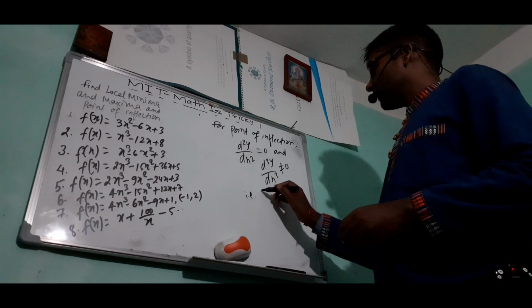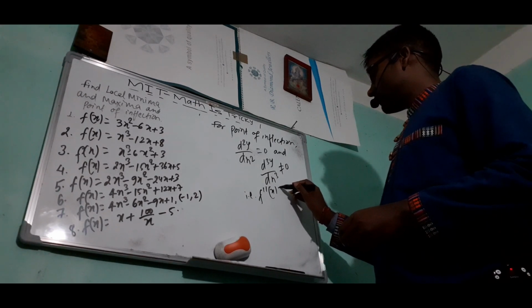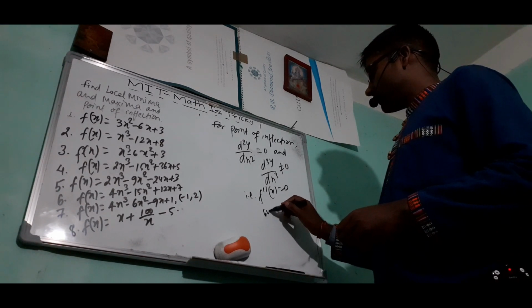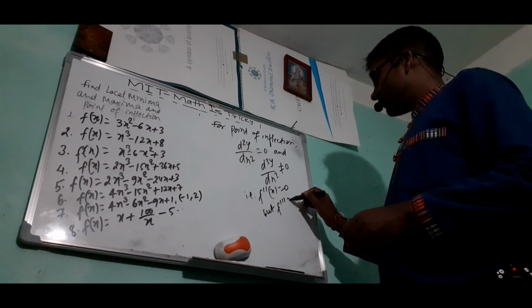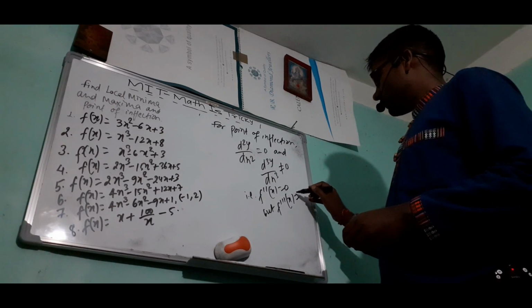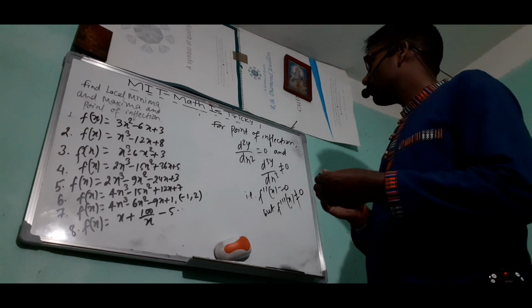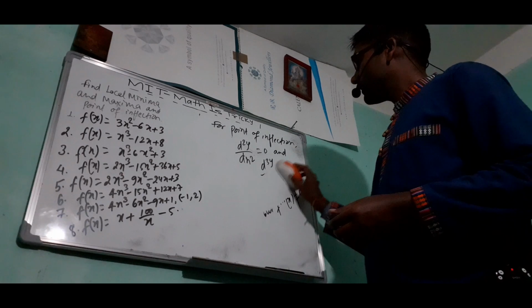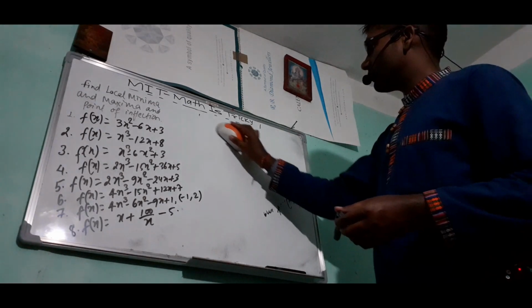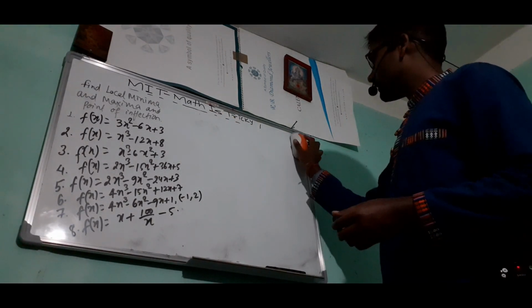That is, f double dash x equals 0, but f triple dash x will not be 0. This is the condition for point of inflection. Now let me solve the problem and explain it for you.